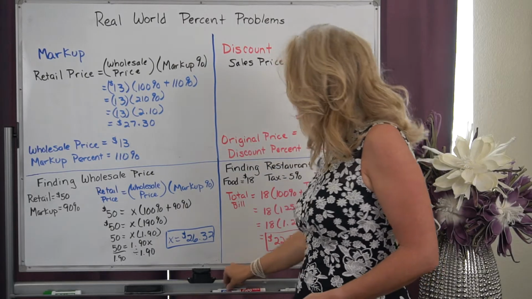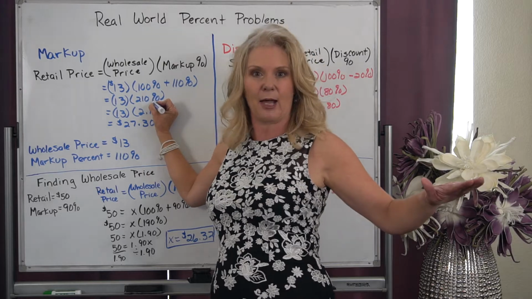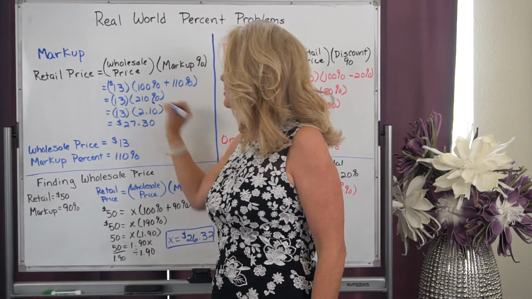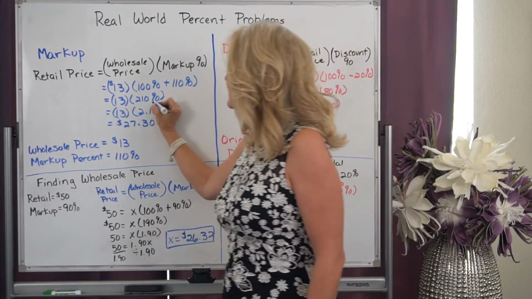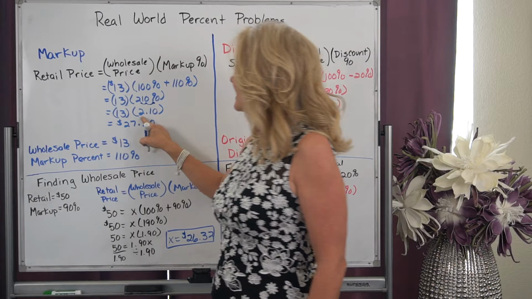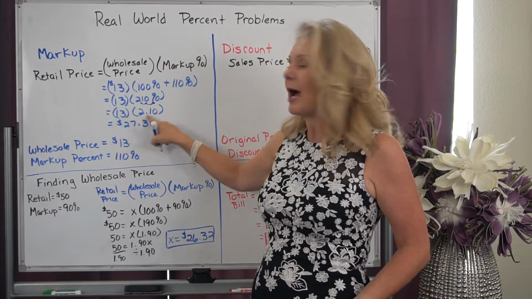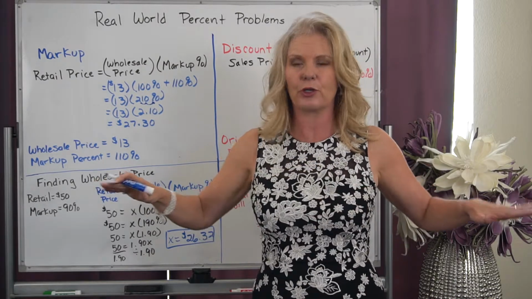Well, when I change that percent to a decimal, because remember, we cannot multiply when we're in percent form, I replace that percent symbol with a decimal point, and I move that decimal point 2 places to the left. That's where I'm getting my 2.10. Now I'm able to multiply. As long as we're in that decimal form, then we're good to go.